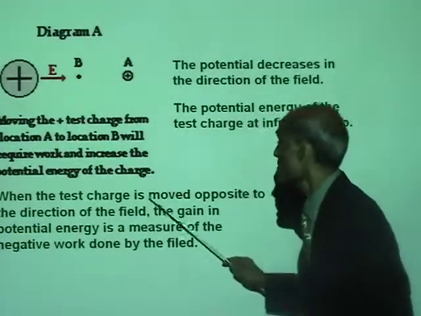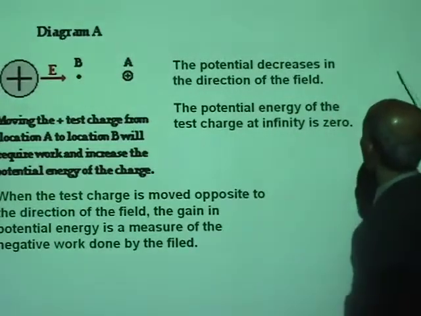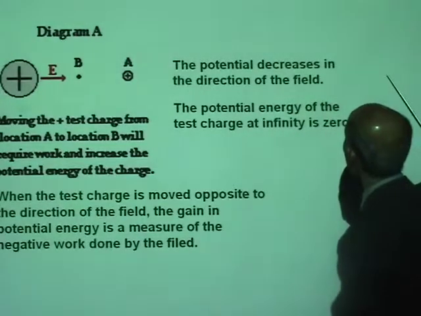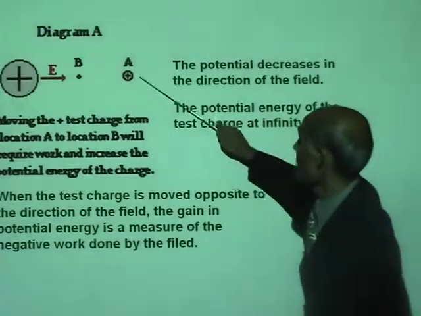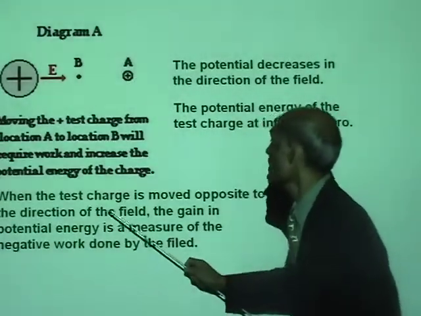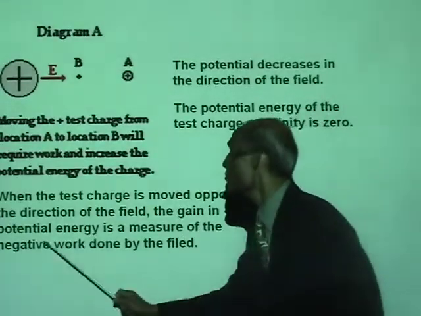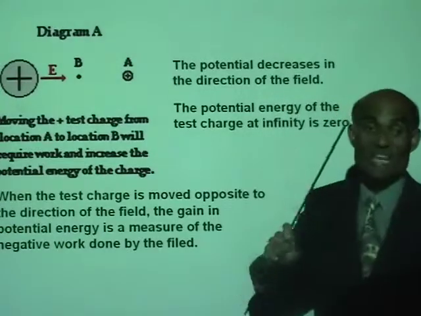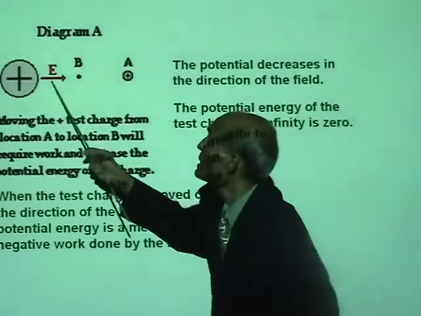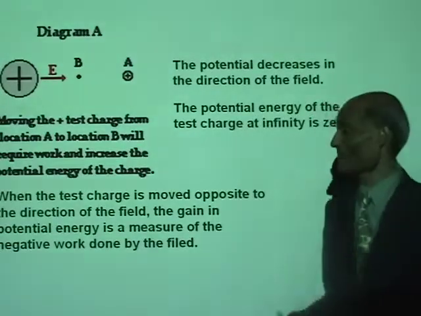When the test charge is moved opposite to the direction of the field, what happens? It gains potential energy, or the gain in potential energy is a measure of the negative work done by the electric field, just like we talked about in the gravitational field.